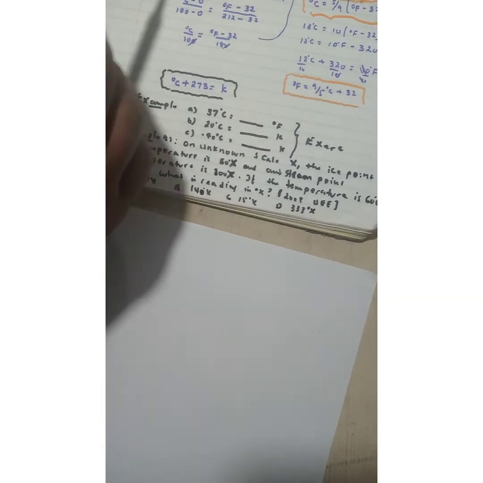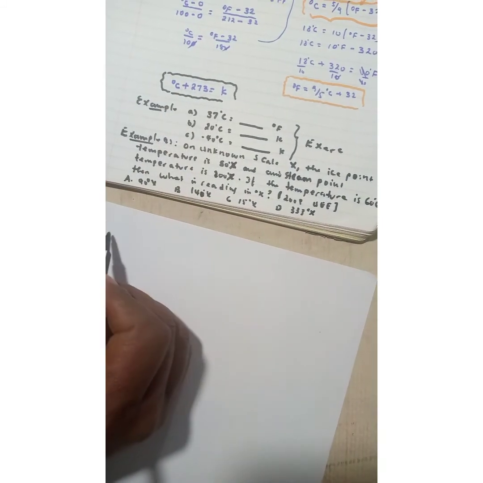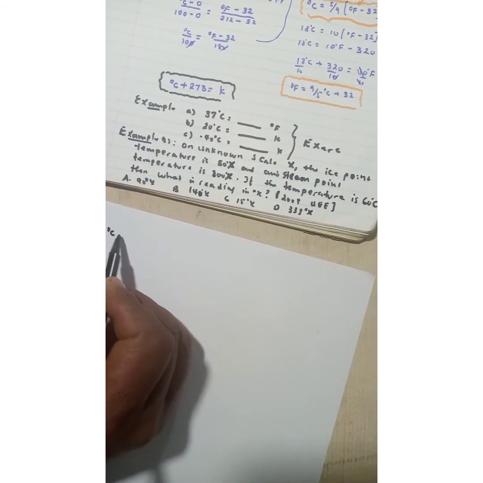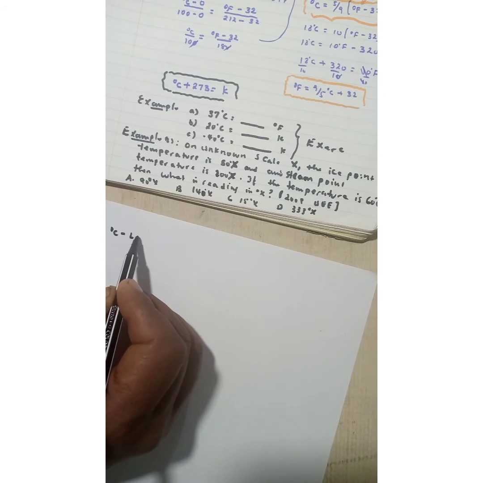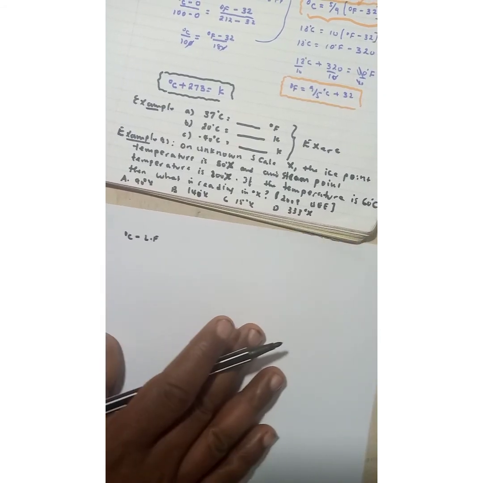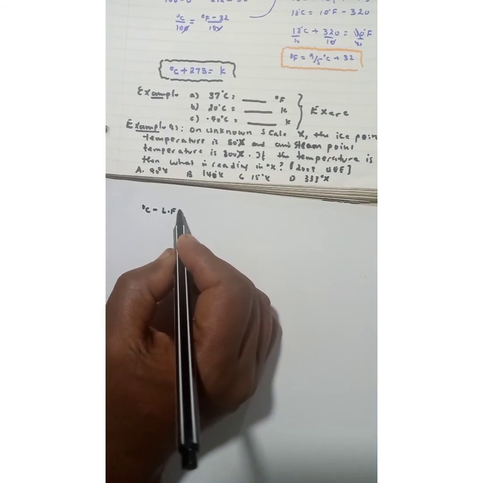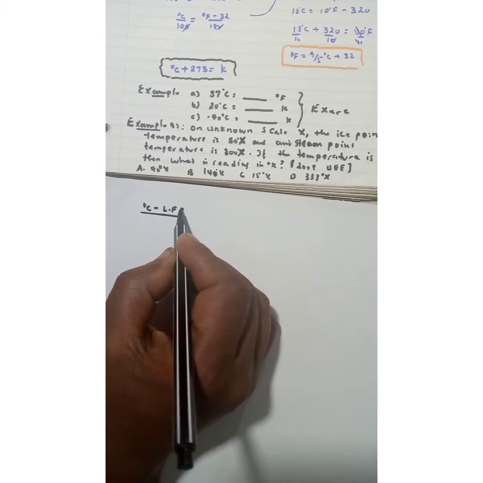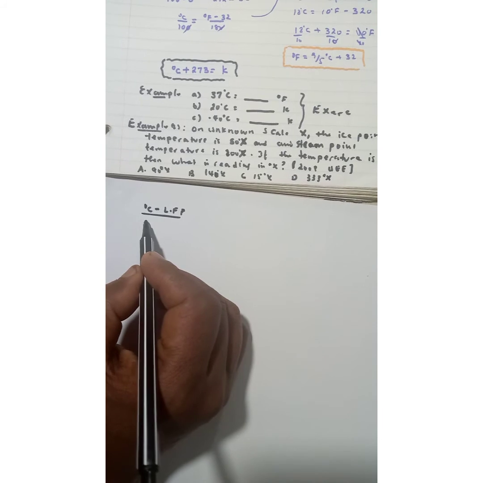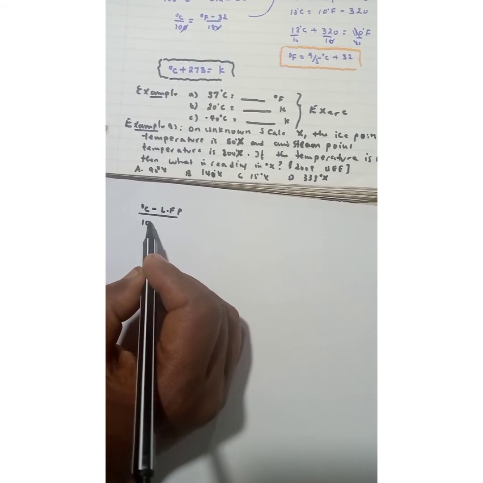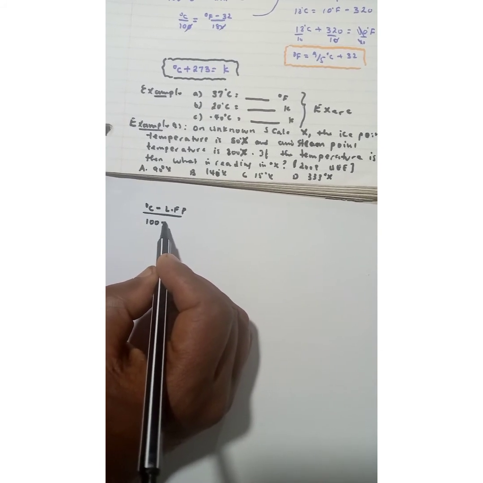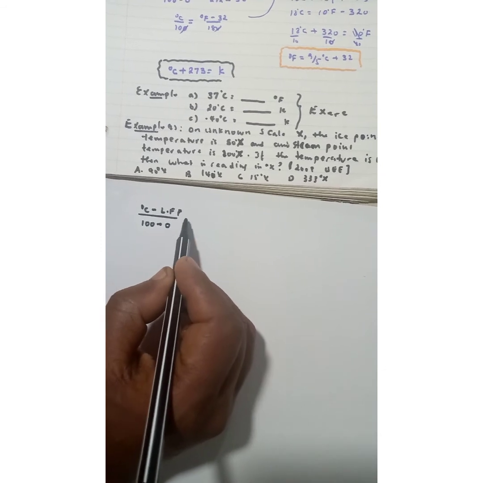As we have discussed before, we take the interval: reading in Celsius minus lower fixed point, over the upper fixed point, which is 100 in Celsius scale, minus lower fixed point, which is 0.